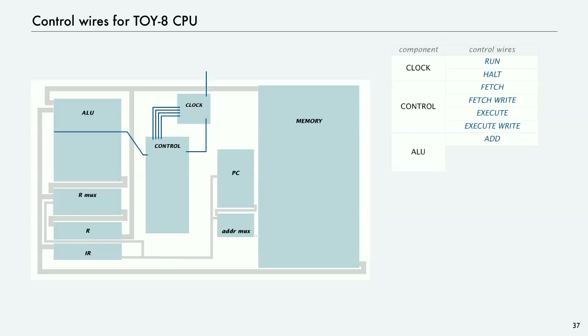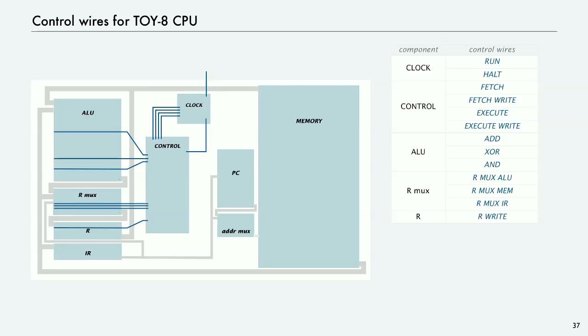So for example, for the ALU, there's add, XOR, and AND. Those are the ones that select which of the computed outputs should go to the output bus. For each of the muxes, like the R mux, there are three possibilities: do we want to select the input that is connected to the ALU, the memory, or the instruction register? Then there's the write for the instruction register.